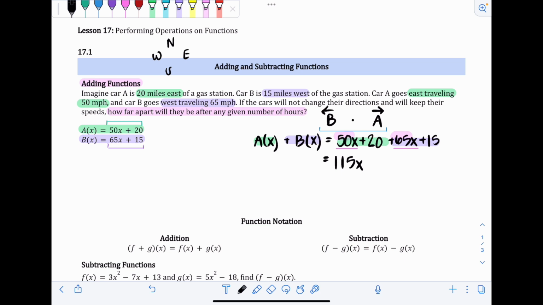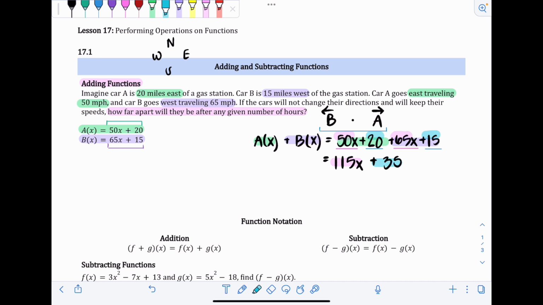And then any numbers that don't have a variable, they're called constants. Those would also be like terms with each other. So the 20 and the 15 would be like terms. So we would add those two together. So 20 plus 15 would end up being 35. So plus 35.